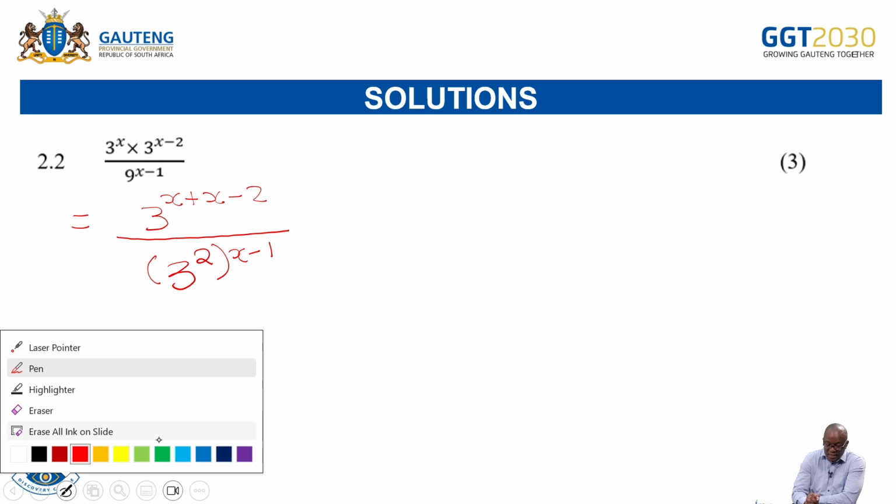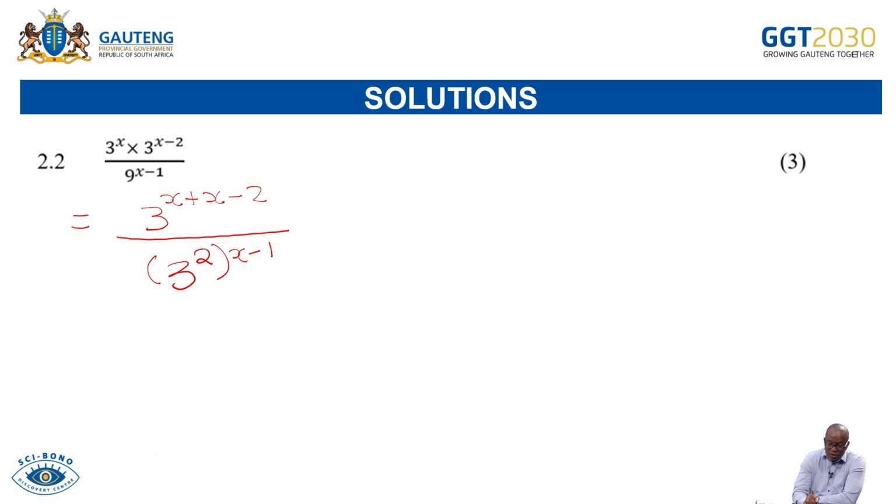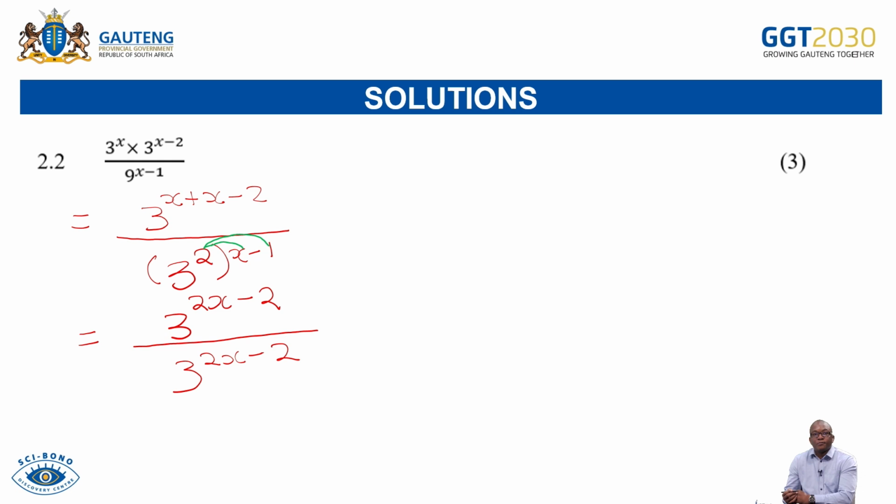So on your denominator, that 2 will multiply x and will multiply negative 1. From the numerator, remember we have 3, x plus x is 2x minus 2. Then at the bottom, we're going to have 3, 2 times x is 2x minus 2.